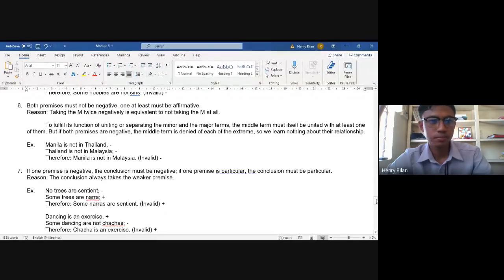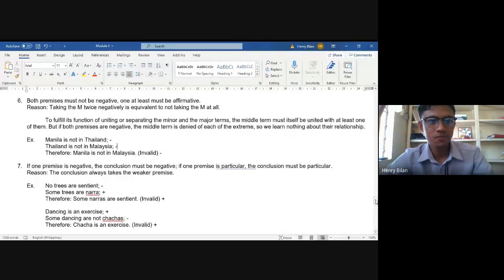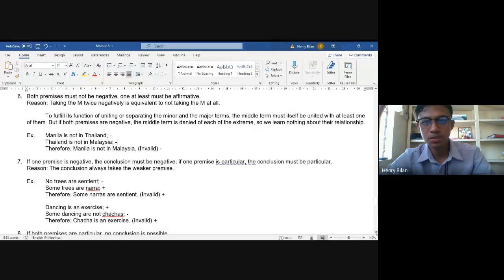Then number 8. So, karugtong niya yan. If one premise is negative, the conclusion must be negative. If one premise is particular, the conclusion must be particular. So ito, kung negative ang isa sa premises, automatically negative yung conclusion.